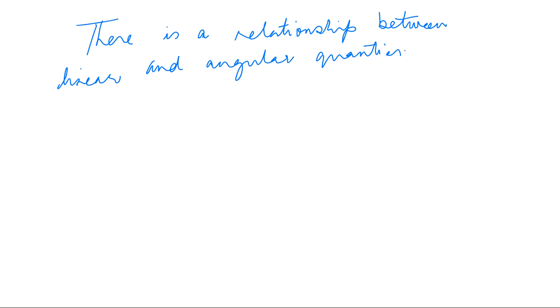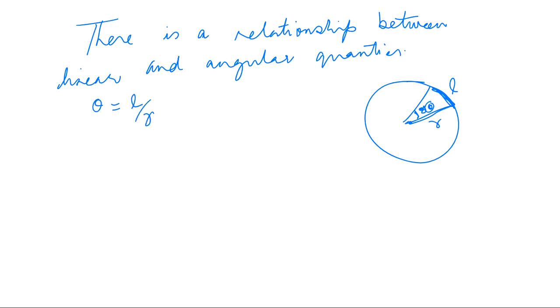If I have this circle, and this represents the length of the arc, starting from this position, this represents the radius, this represents my delta theta, this is theta. So there's a relationship between theta, L, and R. Theta and R represent radial quantities, while the length of the arc is a linear stretch. You're going linearly. So that's the first relation: linear and angular quantities are related.